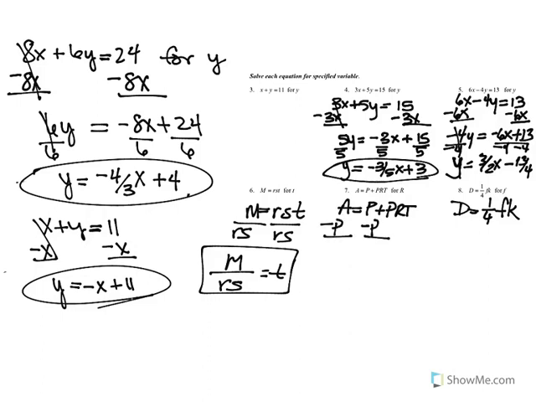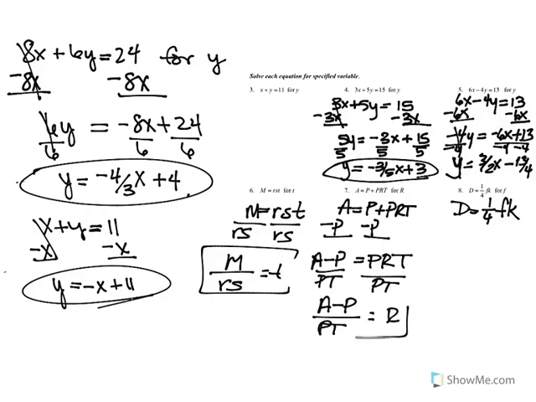You can have negative p plus a, or you can just have a minus p equals prt. Then we are trying to get r by itself, so the p and the t would need to divide. So we would get a minus p over pt. And that's it. No, you cannot cancel the p's. Don't try.